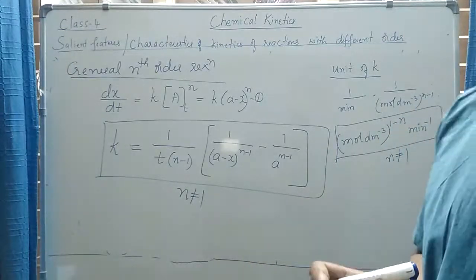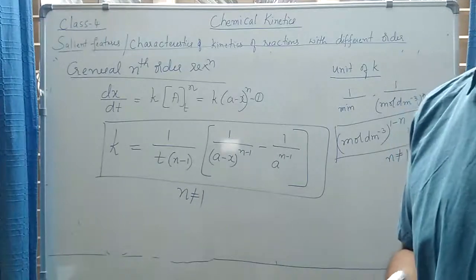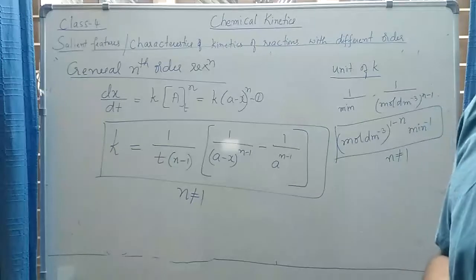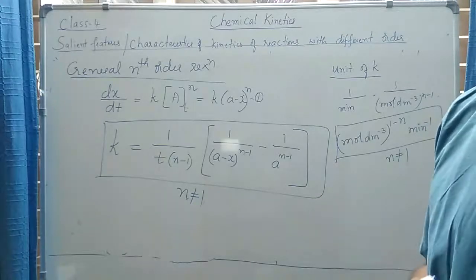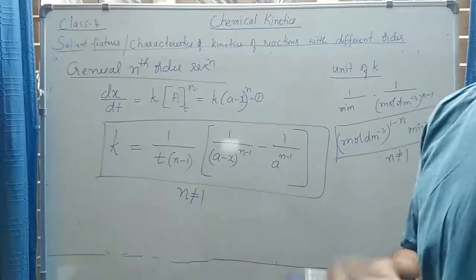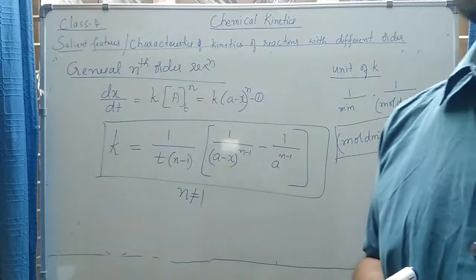To find out that, one of the ways is to measure what is called the half-life of a reaction. The other way half-life of a reaction is important is, if you determine or if you know what is the half-life of a reaction, it is possible to find out the order of the reaction, or it is possible to find out what is the rate constant of a reaction.